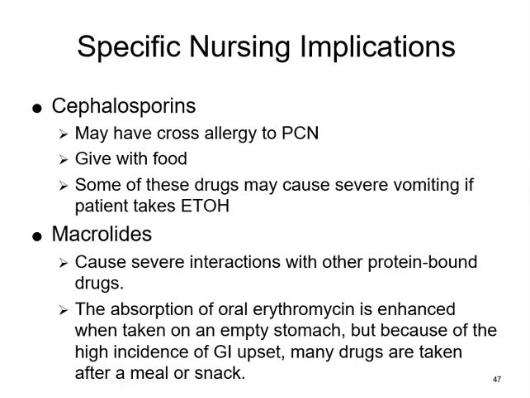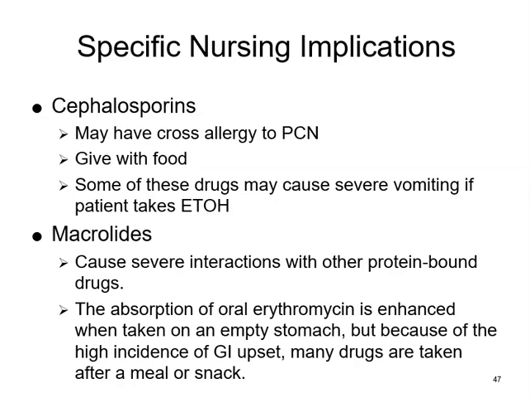And then there's something that's called a disulfiram-like reaction. So basically, there are medications like disulfiram that patients take if they're trying to abstain from alcohol use. And some of these antibiotics can cause sort of that same reaction.